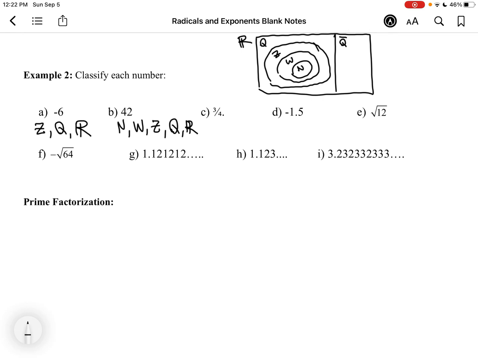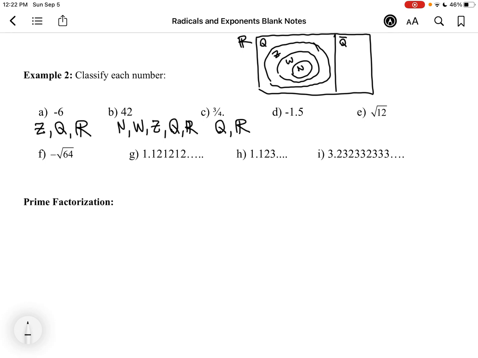Okay, 3/4. So 3/4 is not natural, whole, or an integer because those don't have parts of a number, right? For example, as a decimal it would be 0.75. So it can't be a part of those sets, but it is a rational number because it is written as a fraction. So it belongs to those two sets.